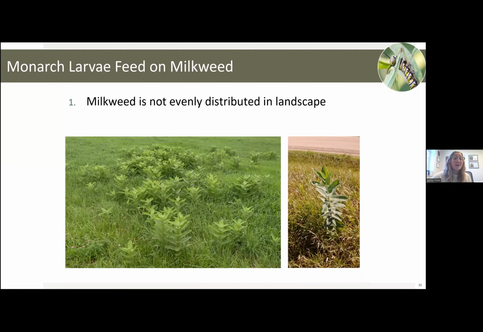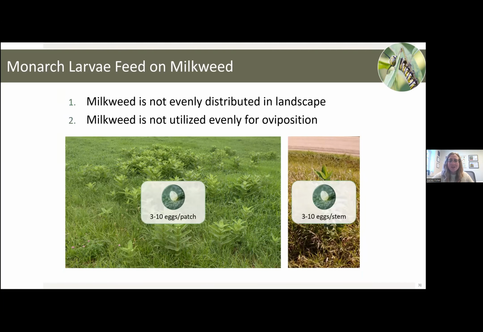Interestingly, though, this is common milkweed, and you have probably seen it at some point. It's not evenly distributed across the landscape. Sometimes we'll have these really big patches of milkweed, and other times we'll see isolated stems of milkweed. The other thing that's interesting is that monarchs are not using these evenly to lay eggs.